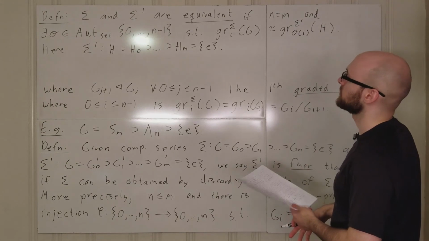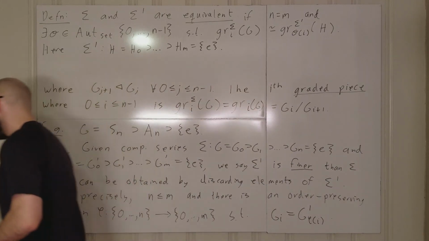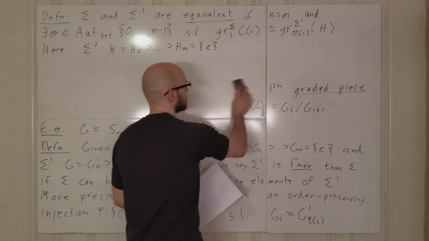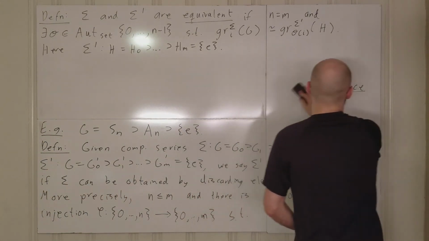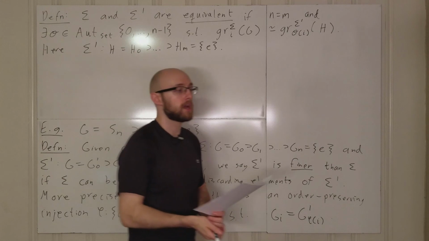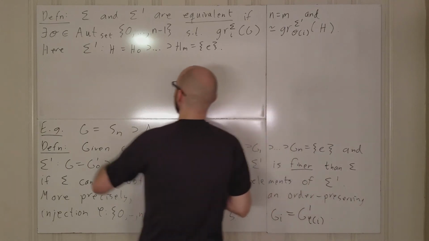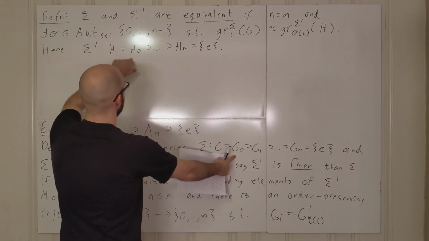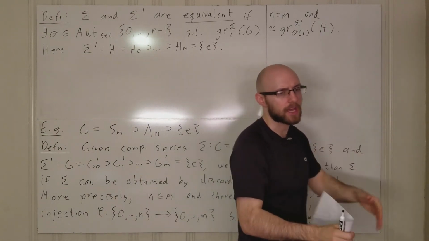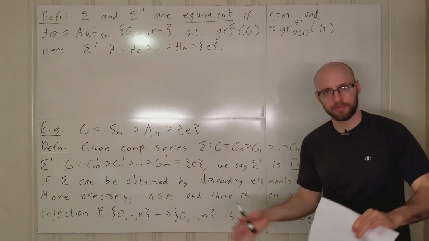They just have to satisfy this property, which is basically that you take these two composition series and you have the same number of subgroups in each composition series. Even though you don't need to have G naught isomorphic to H naught and G1 isomorphic to H1 and so on, you don't necessarily need that, but you do need the graded pieces to be isomorphic up to reordering.